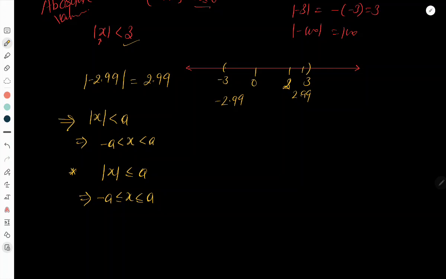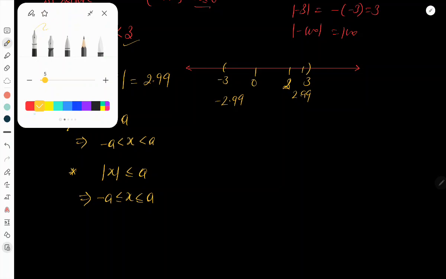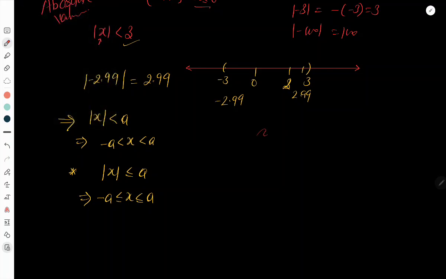One more example: let's say modulus x is greater or equal to 3. In real numbers you have to take only those x so that the modulus is greater or equal to 3. Let's take greater only.